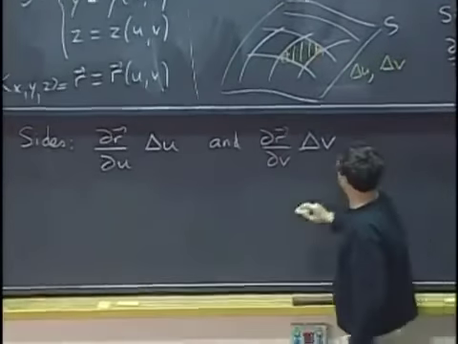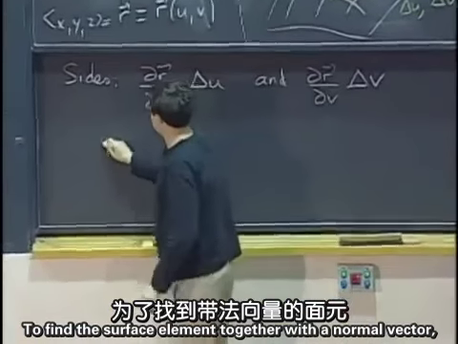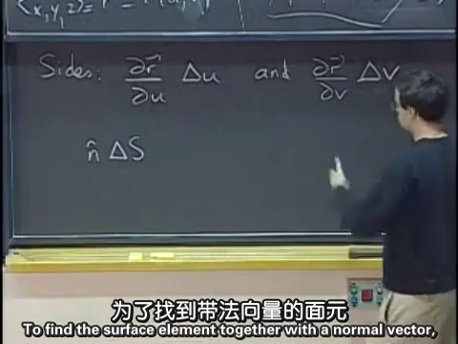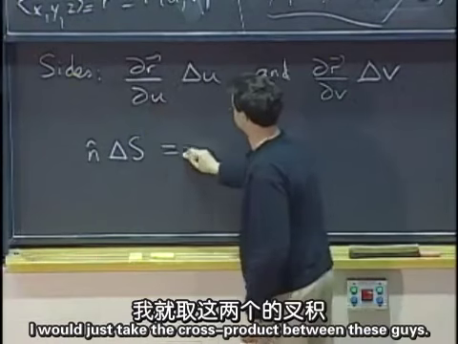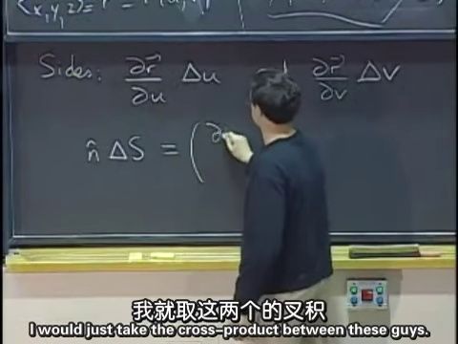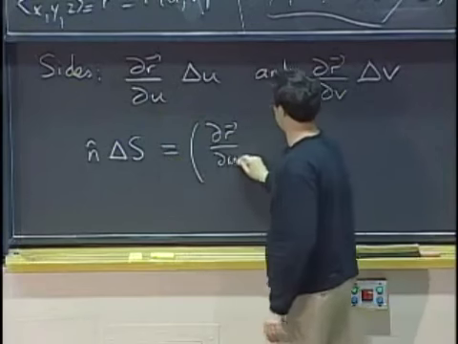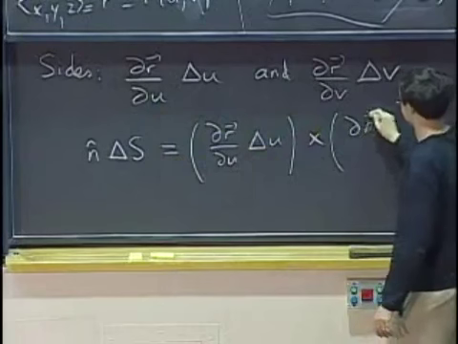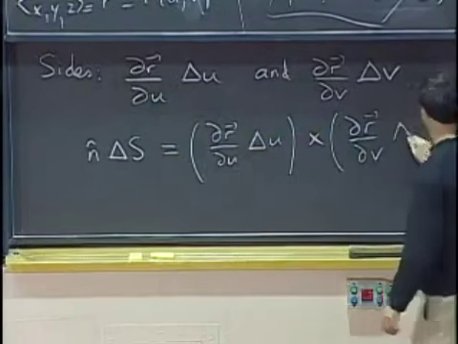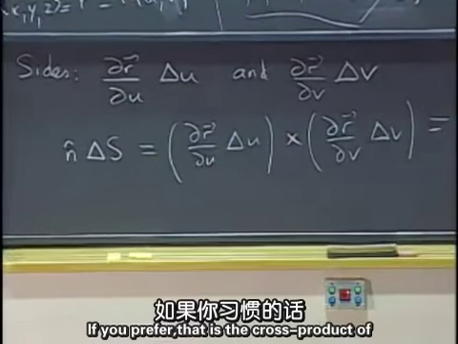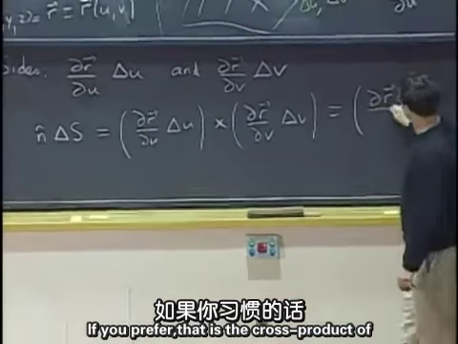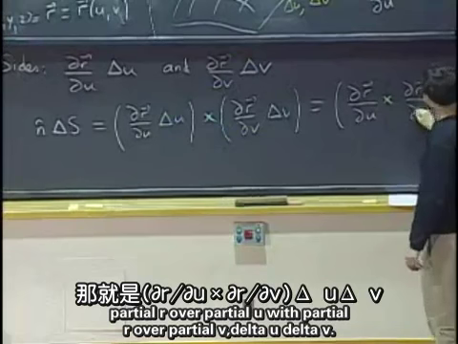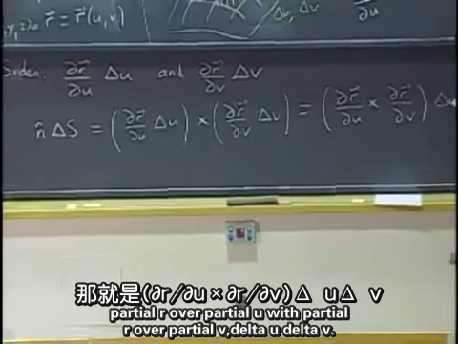So now to find the surface element together with a normal vector, I would just take the cross product between these guys. So if you prefer, that's the cross product of partial r over partial u with partial r over partial v, delta u delta v.